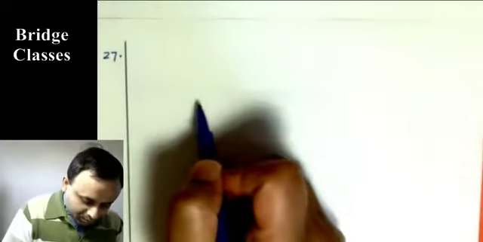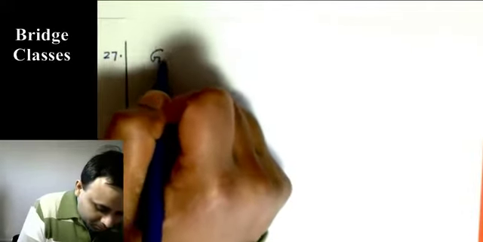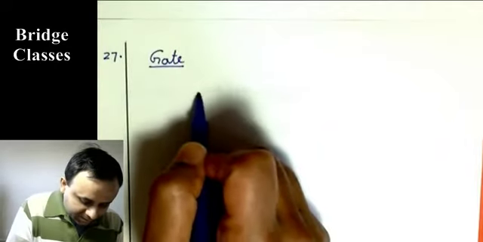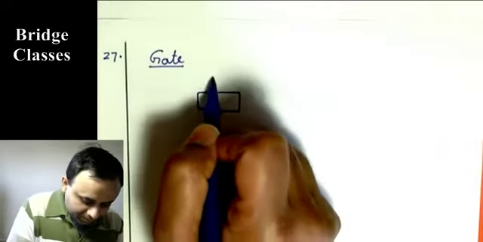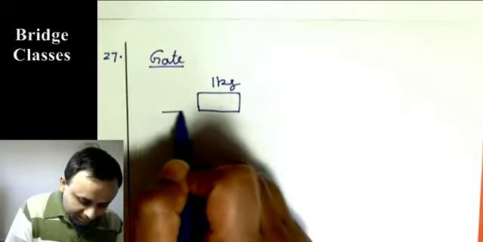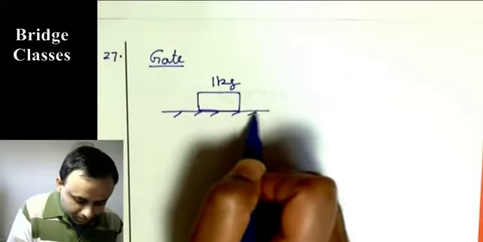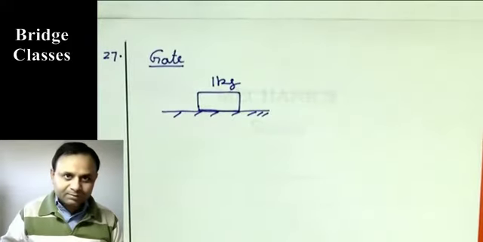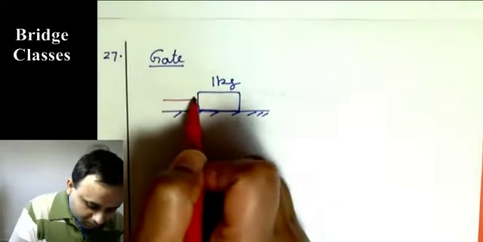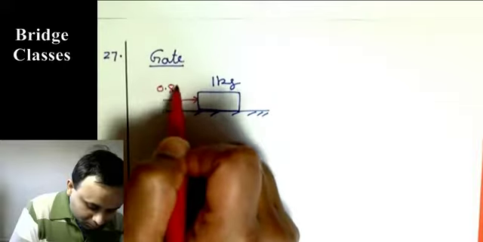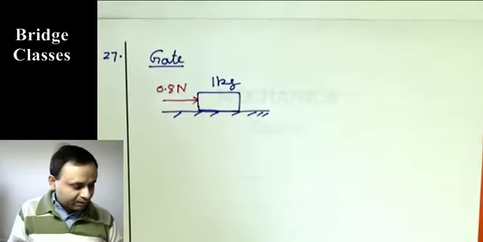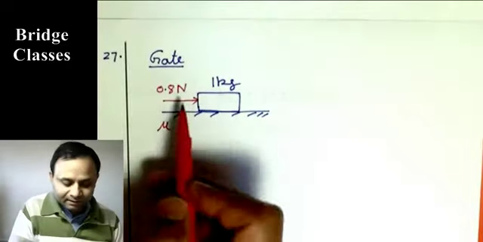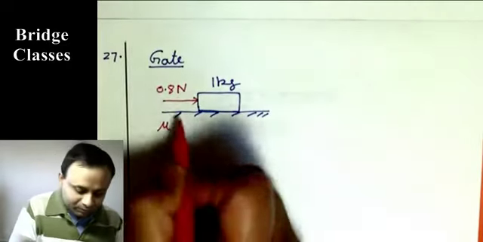Okay, so in this problem, this is a GATE problem. There is a body of 1 kilogram resting on a surface, and a force of 0.8 Newton is applied to it. So initially the body is at rest, and then a force of 0.8 Newton is applied to it.